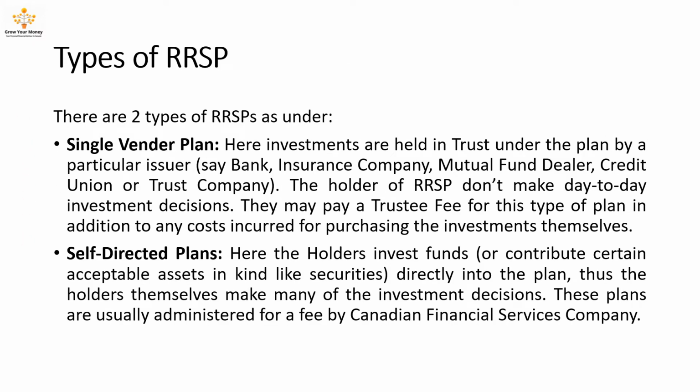These are the major two types of RRSPs. The first one is called single vendor plan. Another category of RRSP is called self-directed plans. So in a single vendor plan, investments are held in trust under the plan by a particular issuer, say a bank, insurance company, mutual fund dealer, credit union, or trust company.